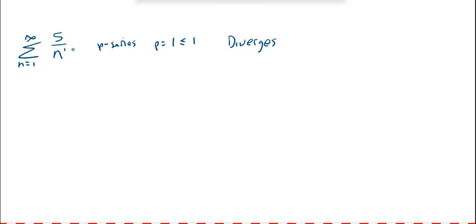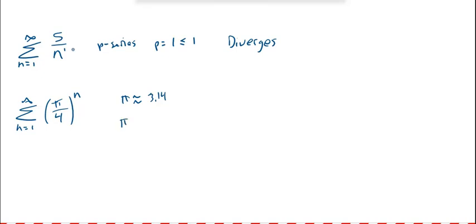So let's do another one. Next series, sigma n equals 1 to infinity of pi over 4 to the n. So this one, well, we know that pi is approximately 3.14.